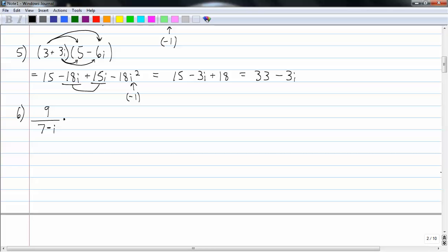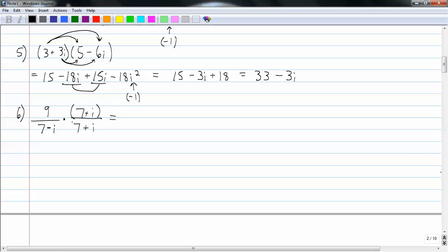And the complex conjugate is going to be, you take what's in the denominator and just change the sign between the real and the imaginary parts. So you multiply the numerator and denominator by 7 plus i.